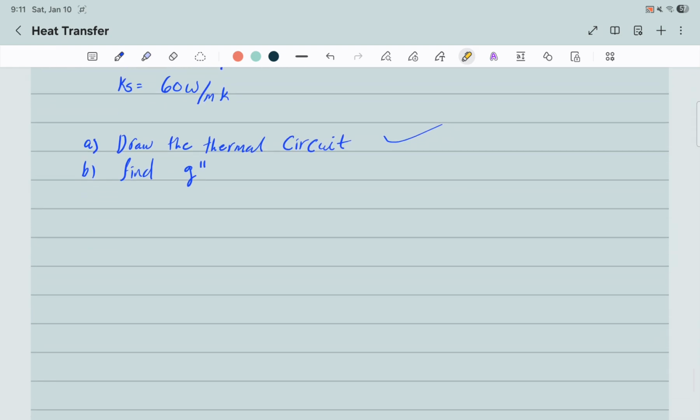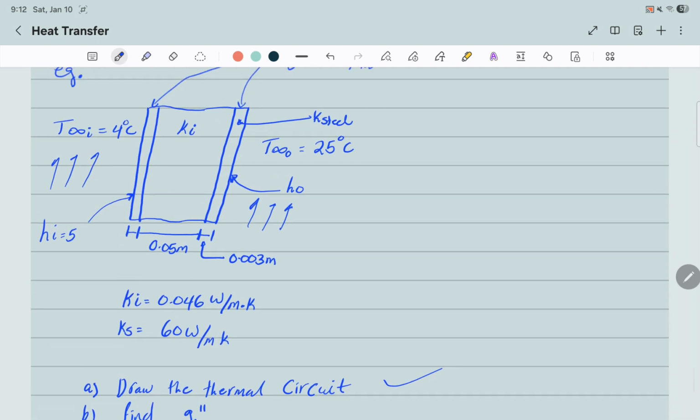So we're solving for the circuit. The first temperature node is the outer surrounding temperature, which is this here.